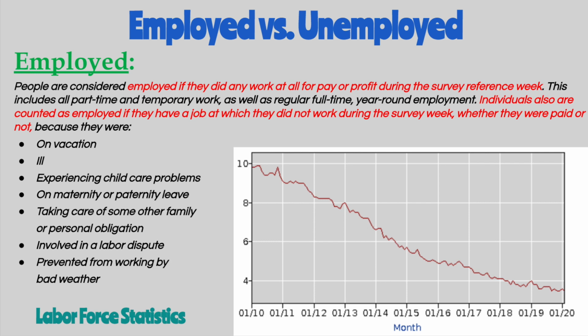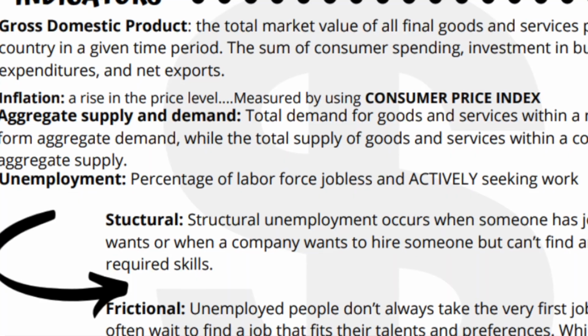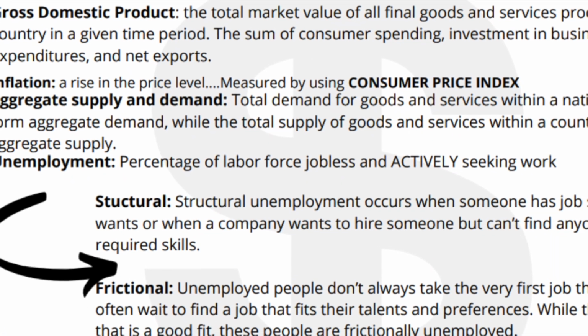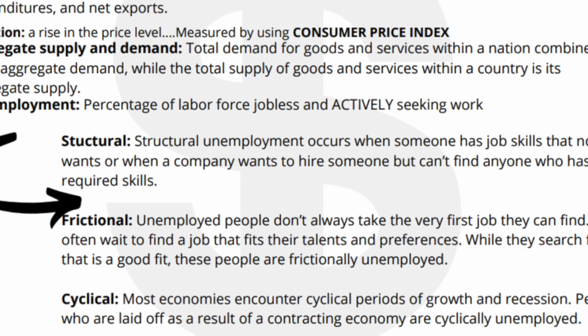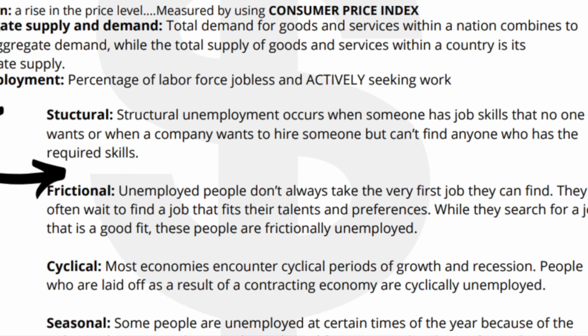It means you are jobless but also actively seeking work. You can have a job and not get paid, but you're not considered unemployed. You can work for 1 hour a week for pay and still not be considered unemployed. We also went down to the different types of unemployment: the frictional, the seasonal, the structural, and of course the cyclical, making sure we understood the differences.